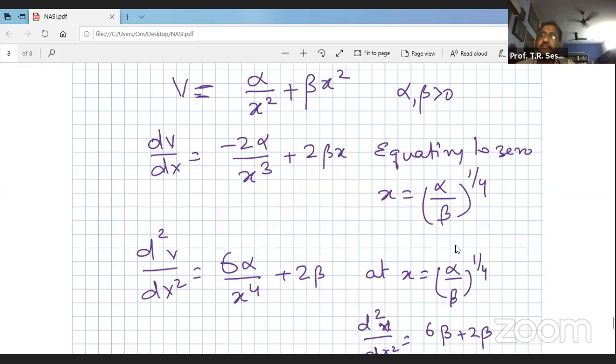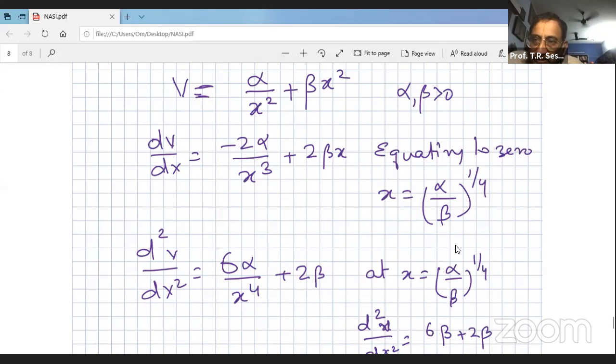Let me look at the equilibrium position and consider the small oscillations around this equilibrium. I have dV by dx, if I take, it is minus 2 alpha by x cube plus 2 beta x. If I equate it to 0, then what will I get? I will get x power 4 is equal to alpha by beta.